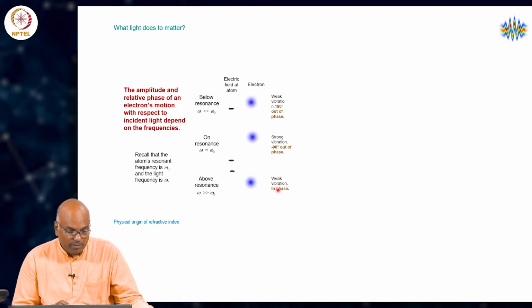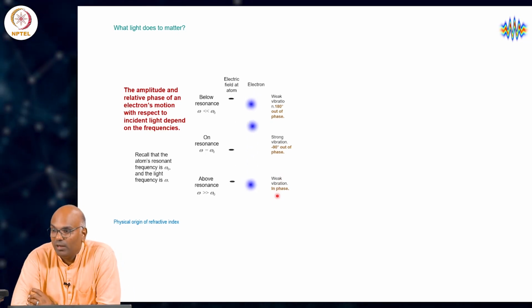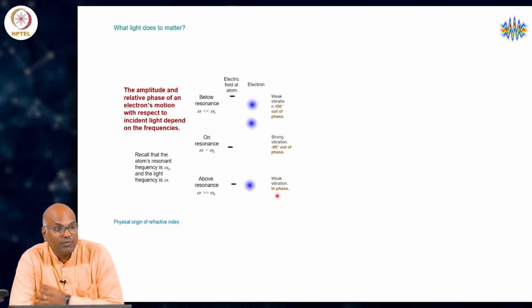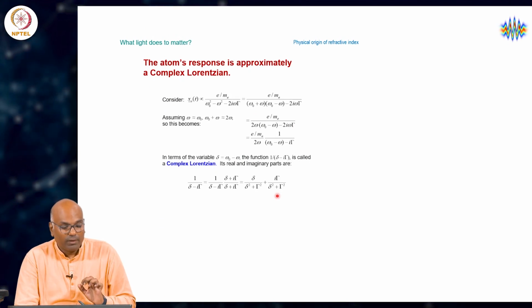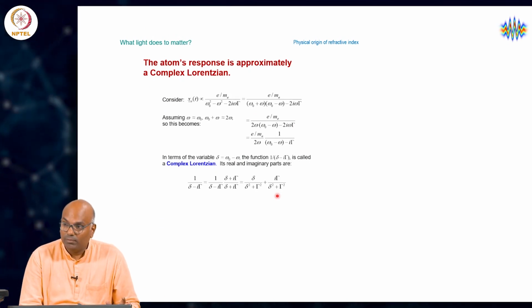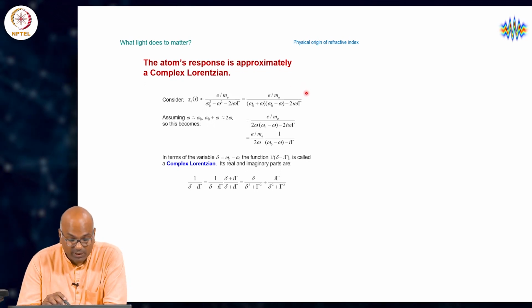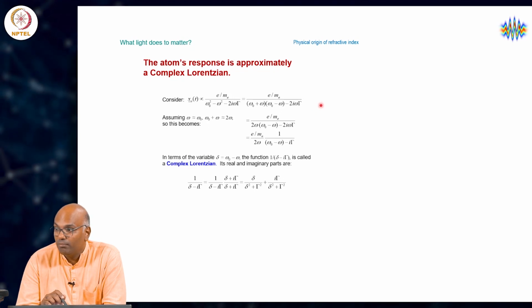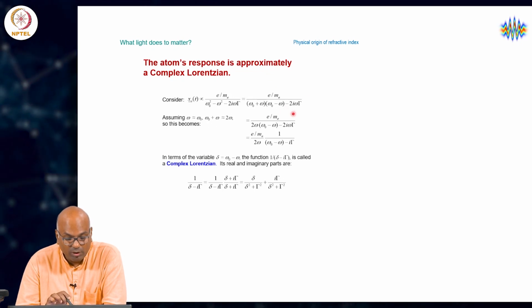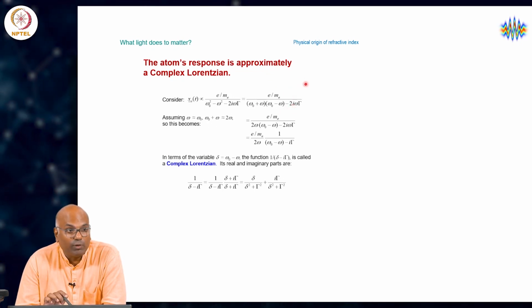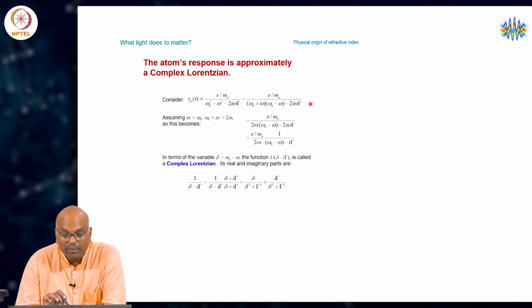As you see, both above and below resonance, the amplitudes of the oscillation, amplitudes of xc of t, are significantly lower. That is what we want to note here. Now, the frequency response of the atom, okay, which has nothing to do with the time dependent part, but the coefficient that precedes the time dependent e to the minus i omega t in that expression, is essentially dependent on 2 factors native to the atomic system: omega naught, the resonant frequency, and gamma, the damping constant.